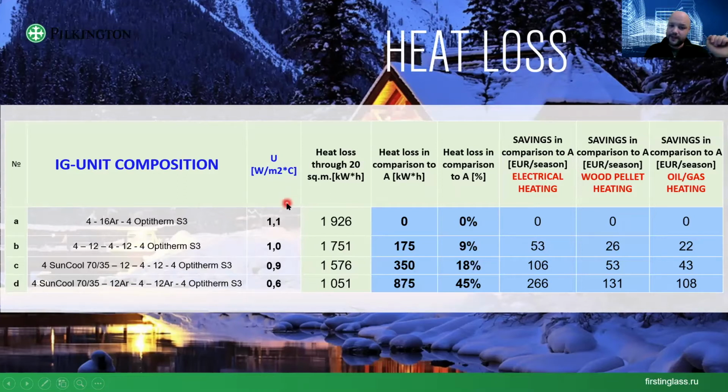Now, by simply comparing the U value of these, we can estimate the heat loss through 20 square meters, which will be going through the heating season. Now, of course, this varies from climate zone to climate zone, but here I took Germany, just as an example. Here you have the heat loss in kilowatt hours and percentage compared to option A.